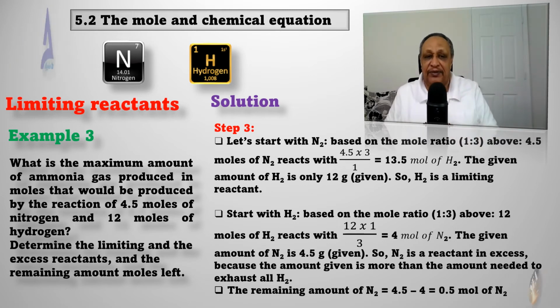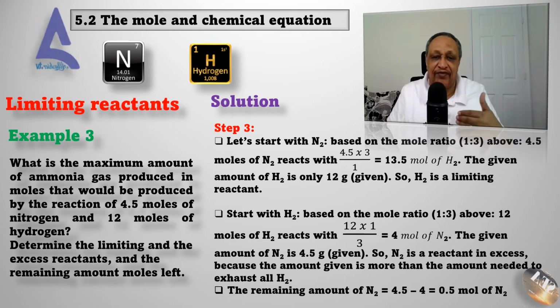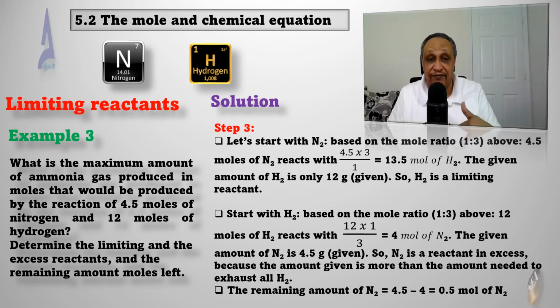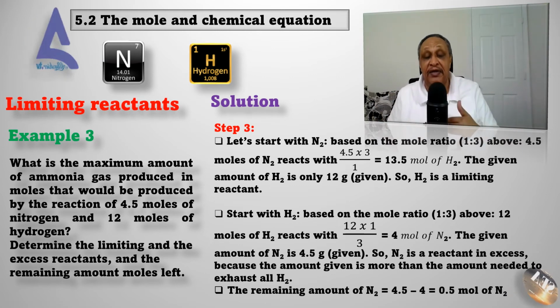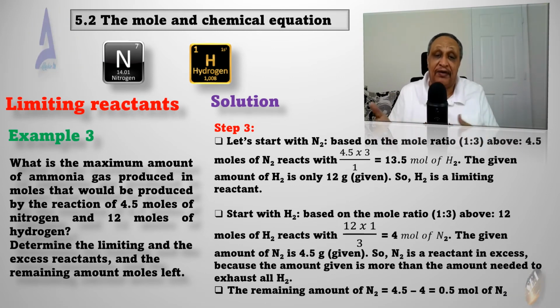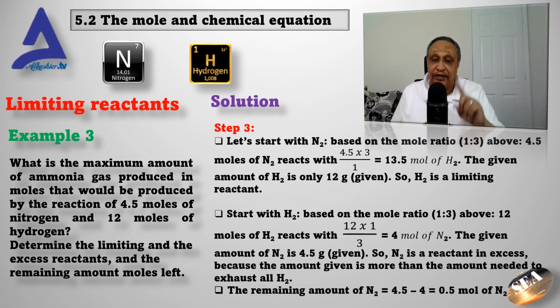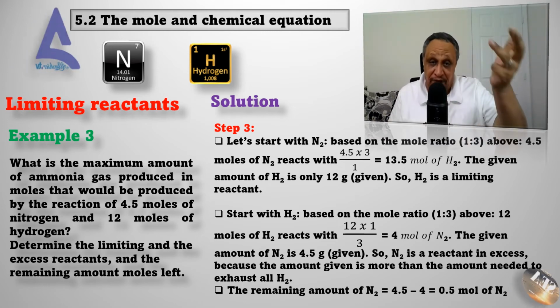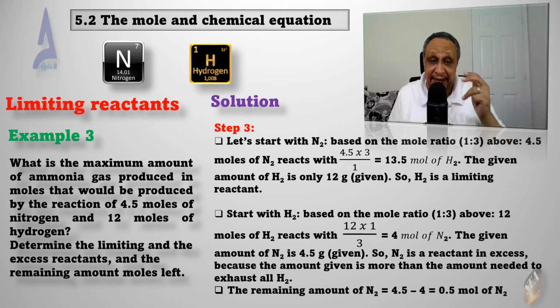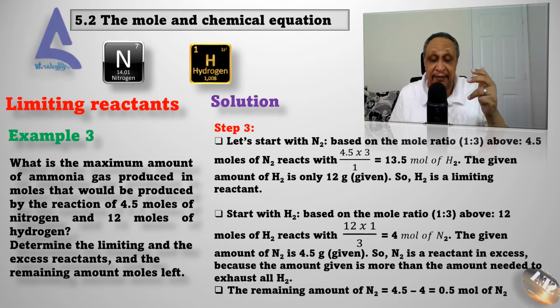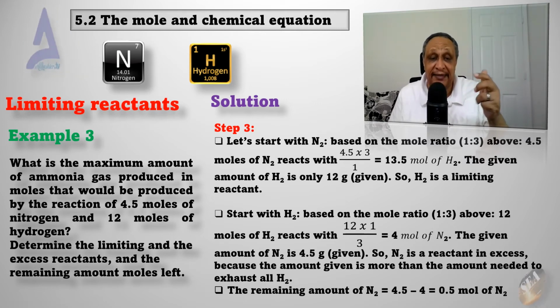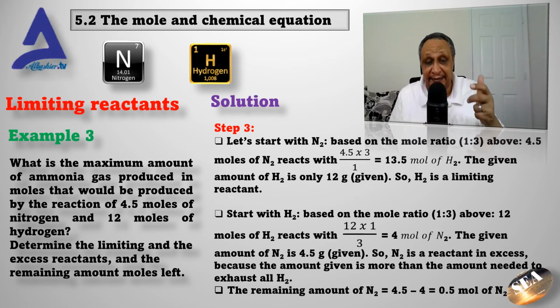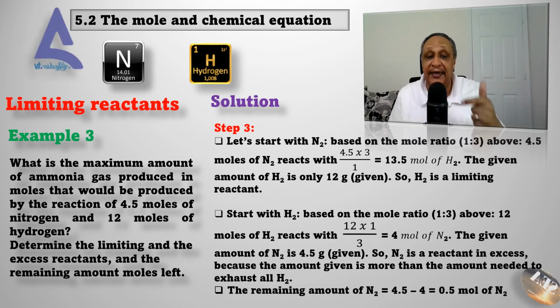This is the first one. The second one is that we have the information that we have 4.5 moles of nitrogen and 12 moles of hydrogen. Second, we need to determine the limiting reactant and the reactant in excess, and also the remaining amount left.